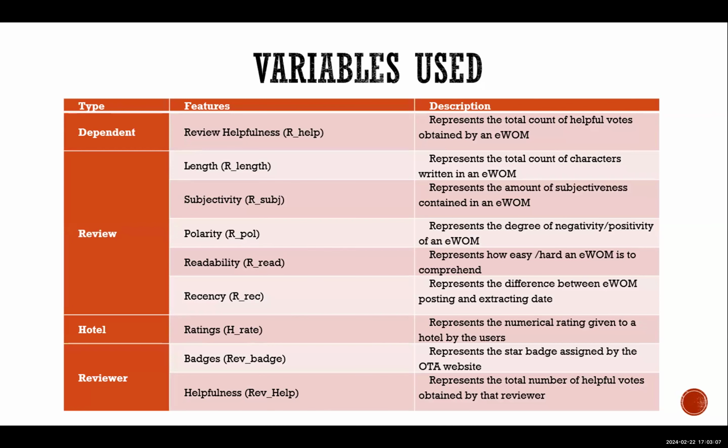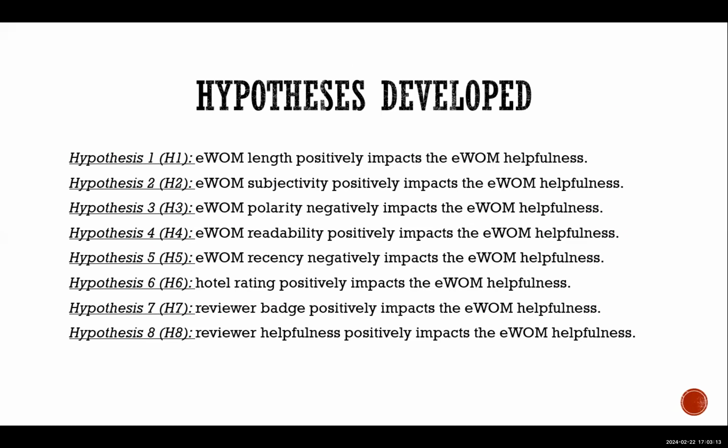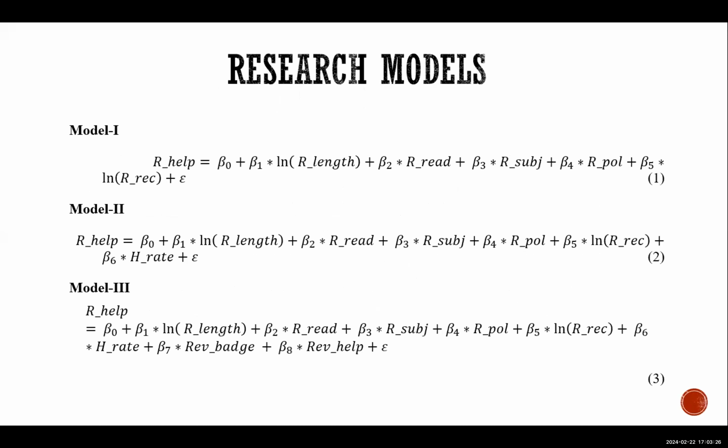Rating, badge, and helpfulness, we have again taken directly from the data set. And then we have developed these 8 hypotheses. Some of these hypotheses are proposed to positively impact EWOM helpfulness, and some are proposed to negatively impact it. Then we have created 3 research models based on these hypotheses.